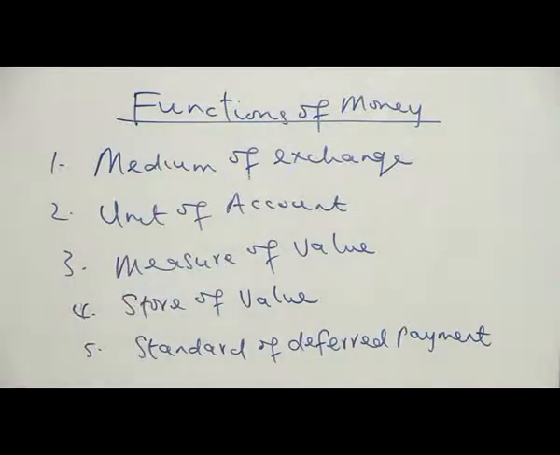That is, money serves as a yardstick for measuring and comparing the worth of a commodity or of goods and services. When you have a commodity or a service to render, you must understand what that service or commodity is worth. So with the help of money, we can compare and measure the worth of commodities.